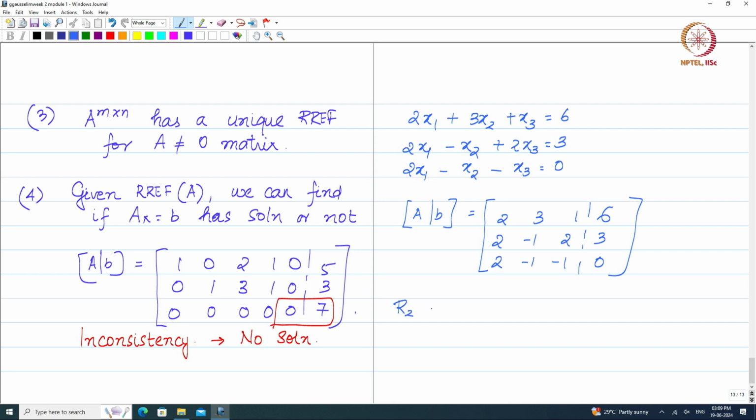R2 replaced with R2 minus R1. Then the matrix will be 2 3 1 6, 0 minus 4 1 minus 3, 2 minus 1 minus 1 0.